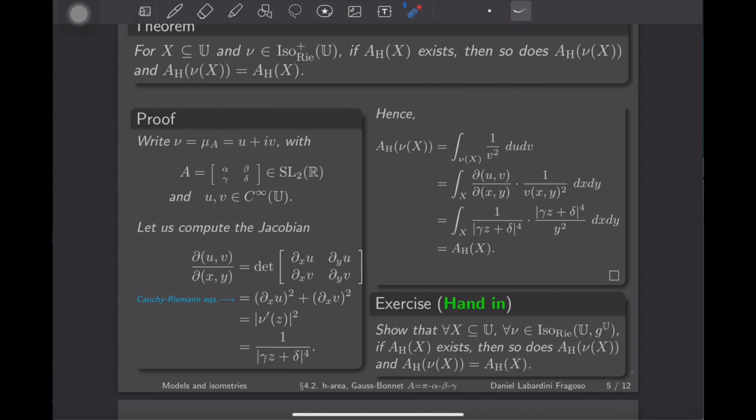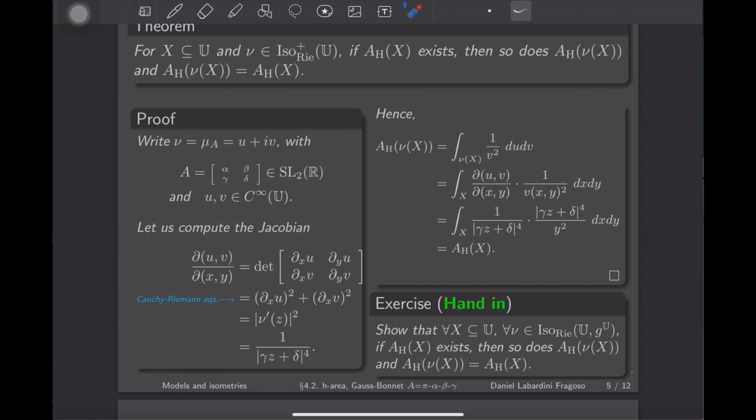And I notice that that is nothing other than the square of the norm of nu prime of z, where this nu prime of z is just the derivative of nu as a complex function of a complex variable, right?